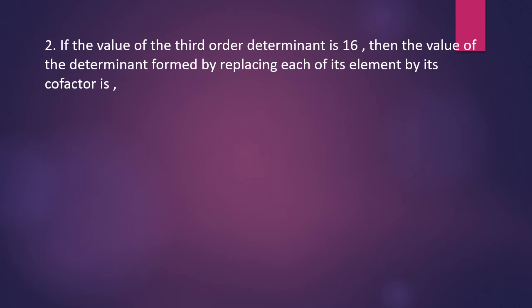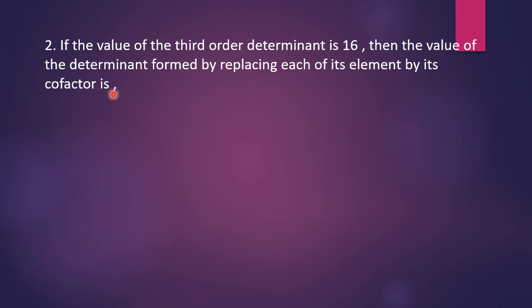The next one is: if the value of the third order determinant is 16, then find the value of the determinant formed by replacing each of its elements by its cofactor.